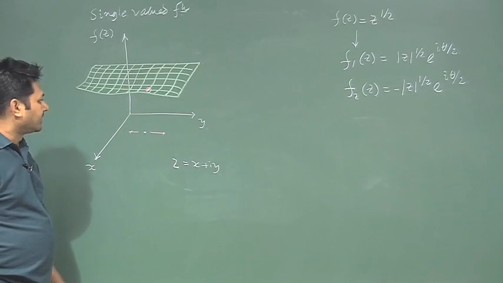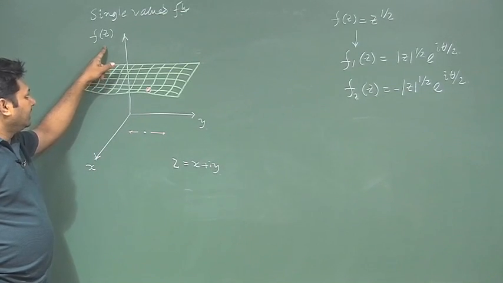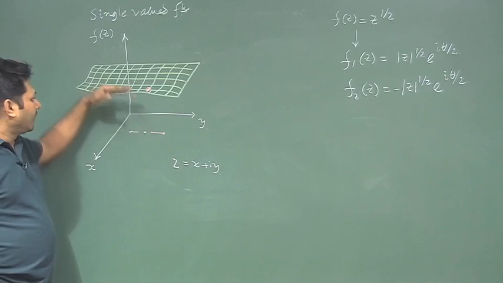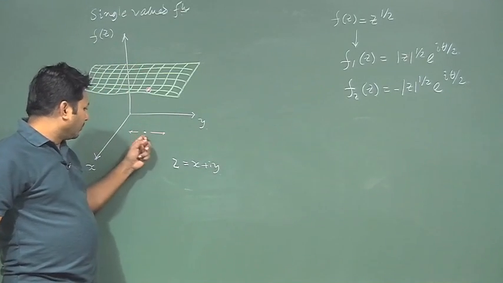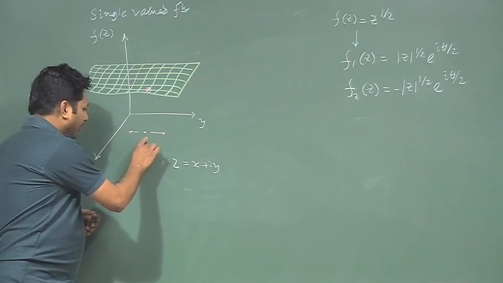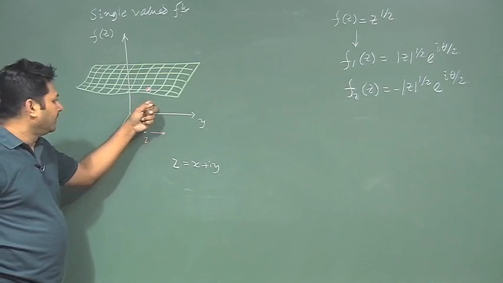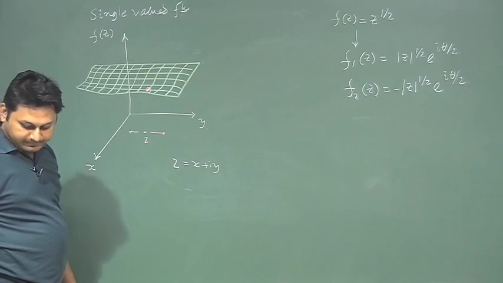This is an arbitrary surface. Since f(z) is a single valued function, for one particular point I should have one surface like this, because this is single valued. One point in this is z, one point in the xy plane, and as a result I will have one particular point over the sheet. Fine.